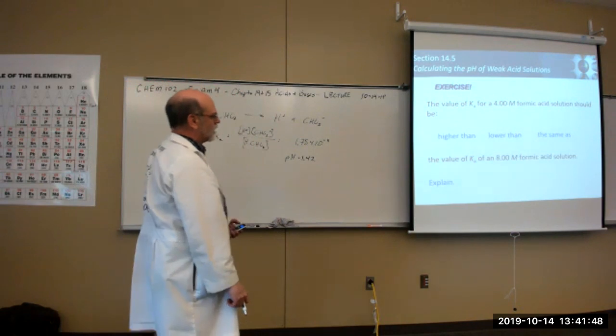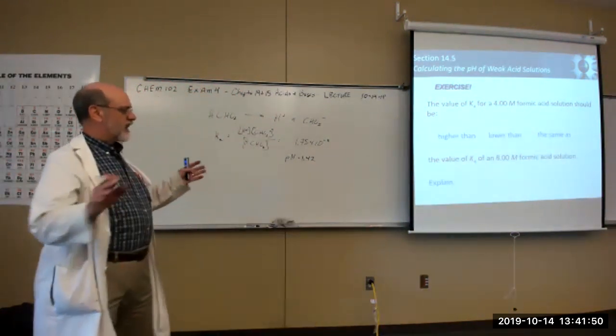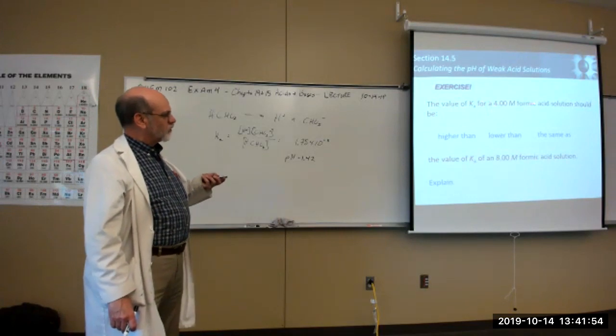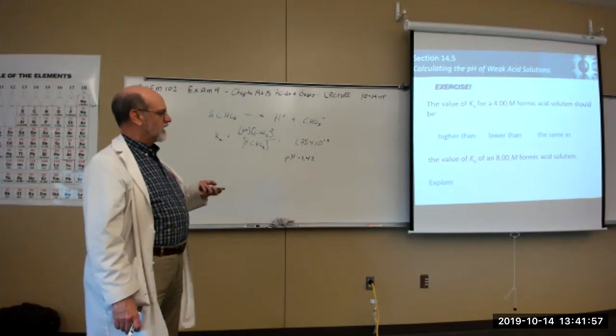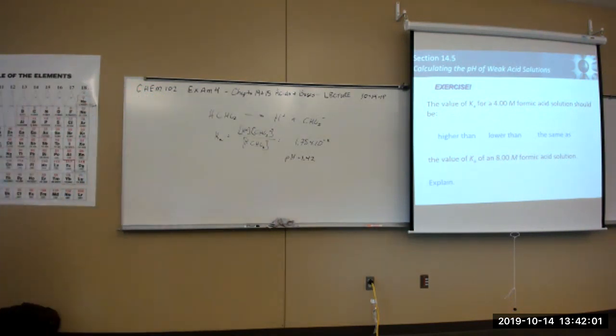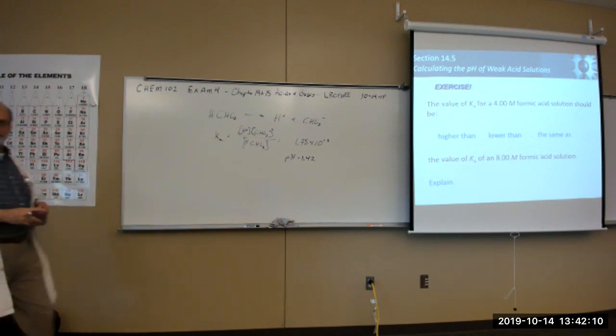So, rule of thumb time again. The value of Ka for a 4 molar formic acid solution should be what? Higher, lower, or the same? Look at the question. I'm asking, does Ka change? Nope.